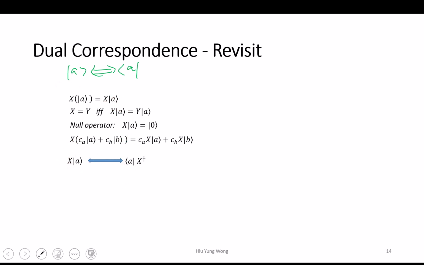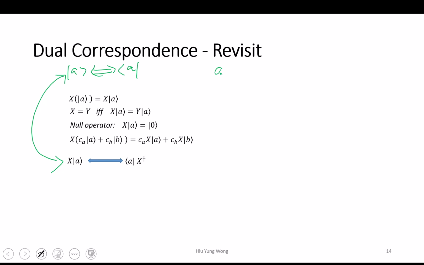The main thing is, for this whole slide, I think I did not prepare well. Okay, I know what was wrong. So what I want to say is we have dual correspondence from cat to bra. And I actually forgot to say a few things also.